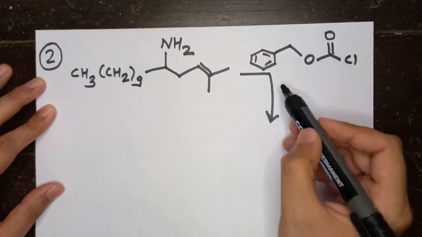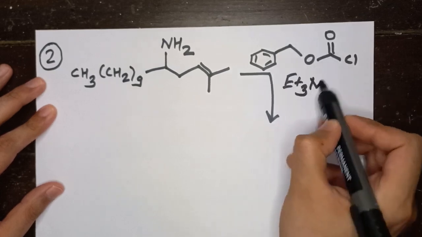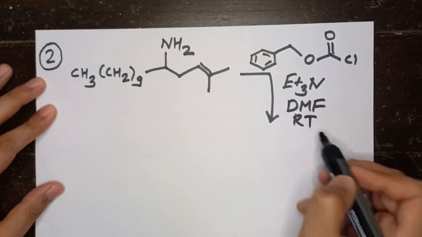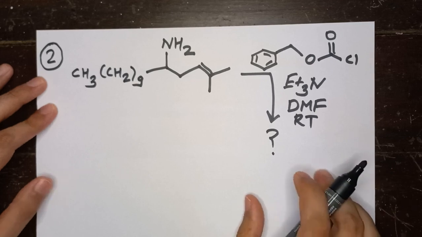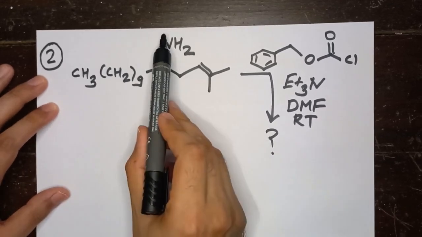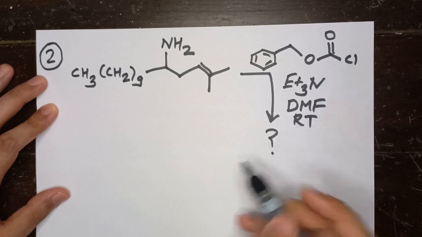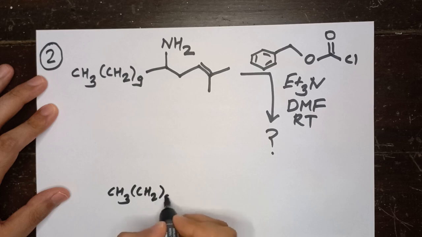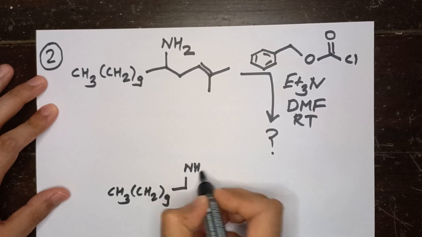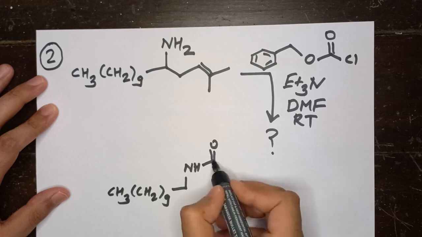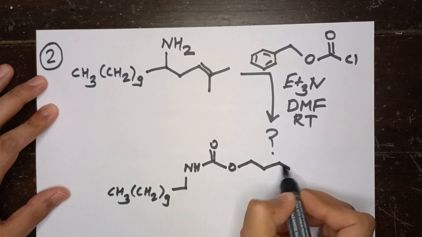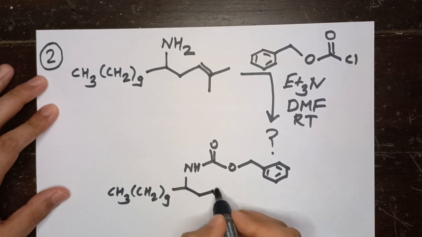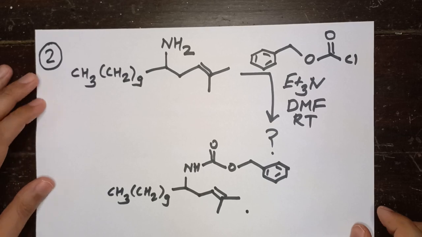Okay, we are using triethylamine as a base and this reaction is done using THF as solvent at room temperature. So predict the product. The reaction is straightforward. This nitrogen lone pair will attack at this carbonyl, Cl is going to leave and the product is going to be this molecule.